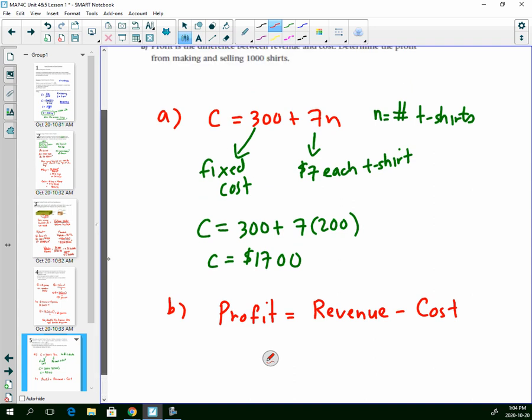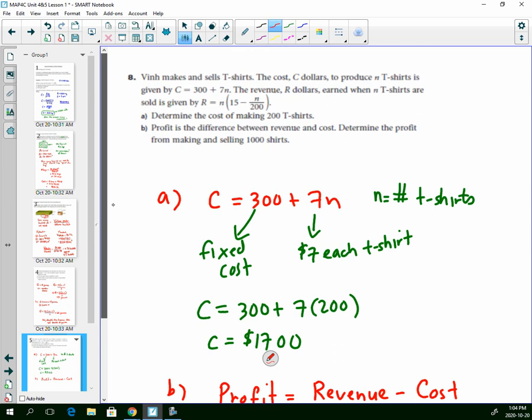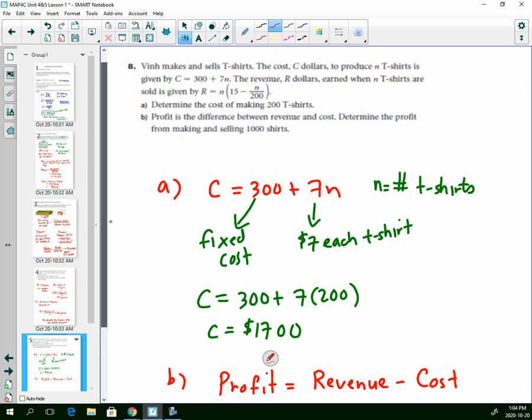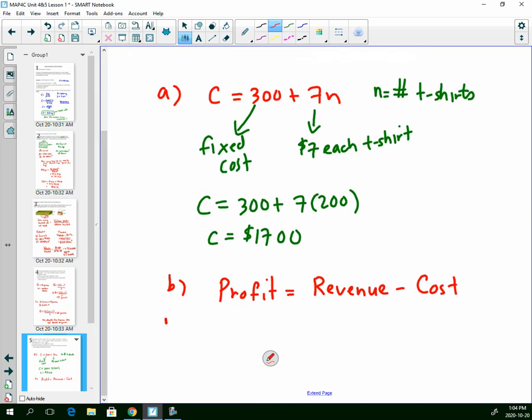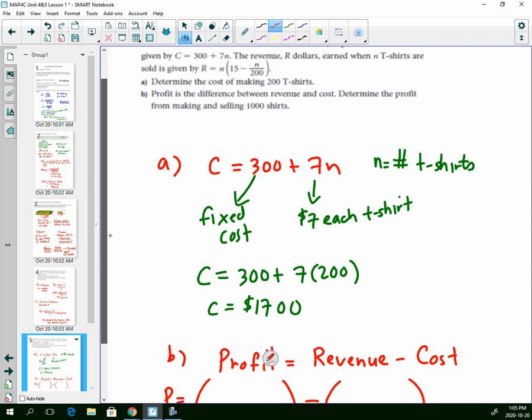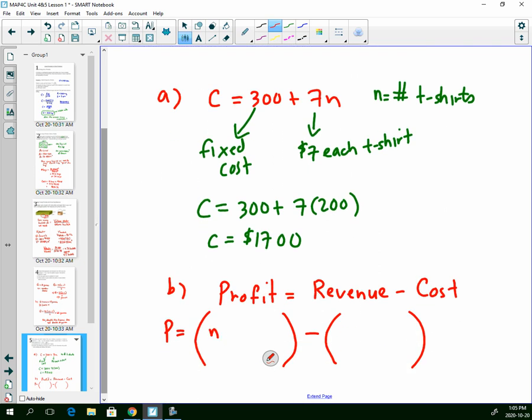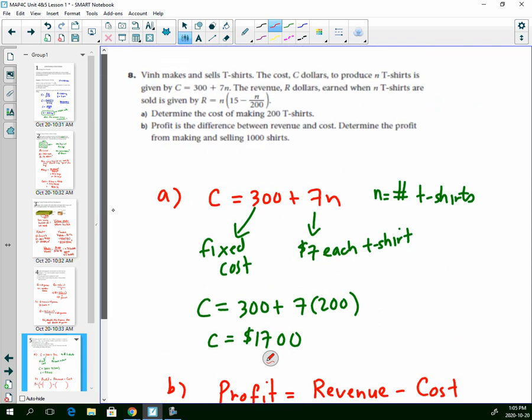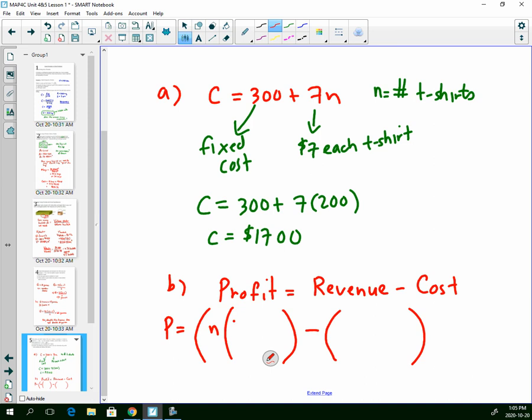Okay, and the difference is the profit. So determine the profit from making and selling 1,000 t-shirts. Well, they give me a revenue equation, and they give me a cost equation. So the revenue equation is N times 15 minus N over 200.